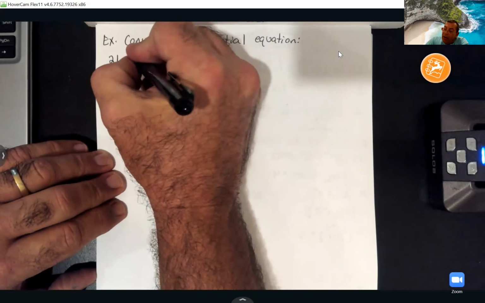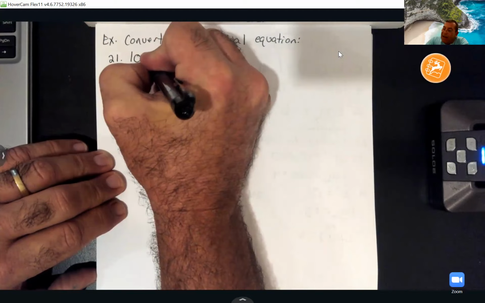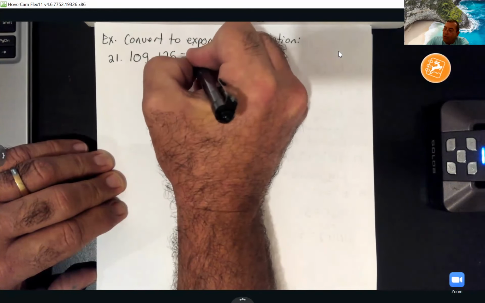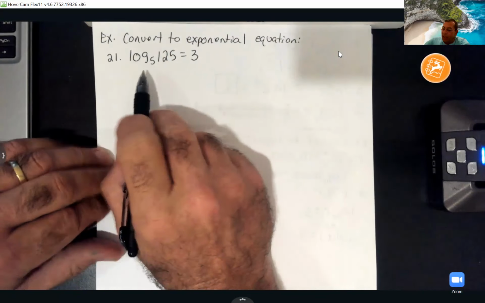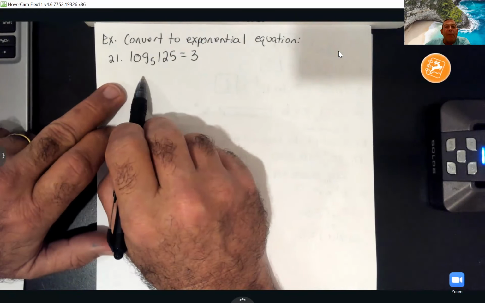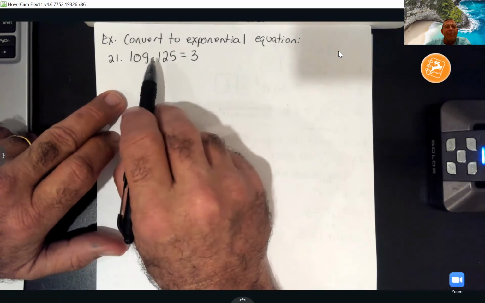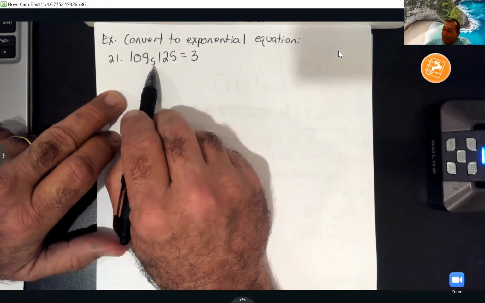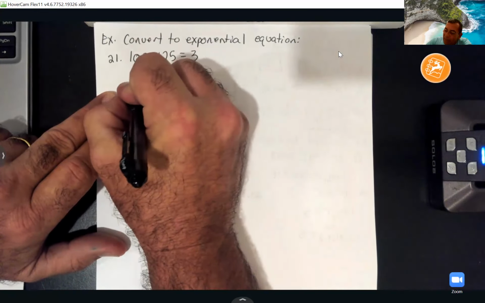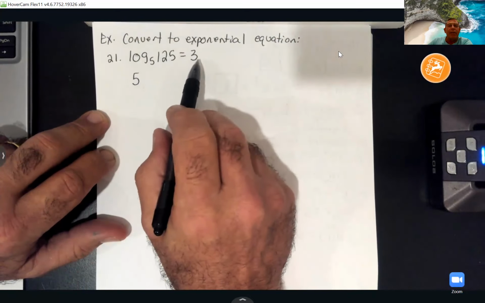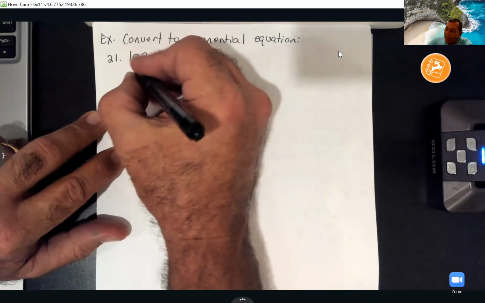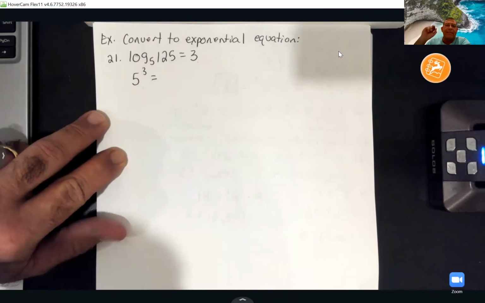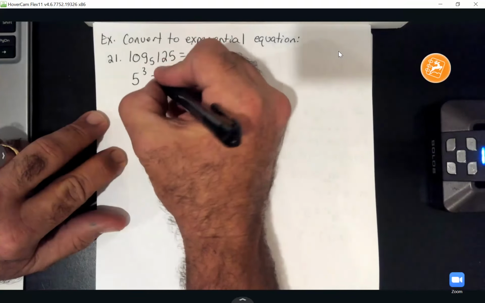So they're giving me log base 5 of 125 equals 3. For exponential, I need my base, which is the same as the base of the log. So your base is going to be 5, your exponent is the 3, and 5 to the 3rd has to equal 125.